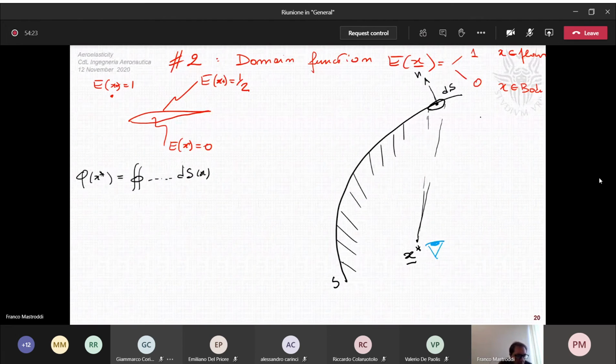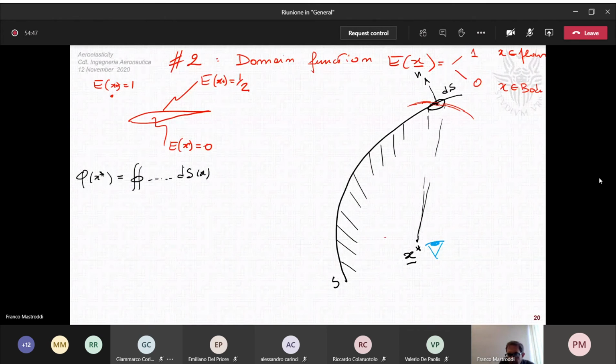And I have also a sphere with center in my X star point, and my sphere has a radius like r, and this is the surface of a sphere centered in this point.